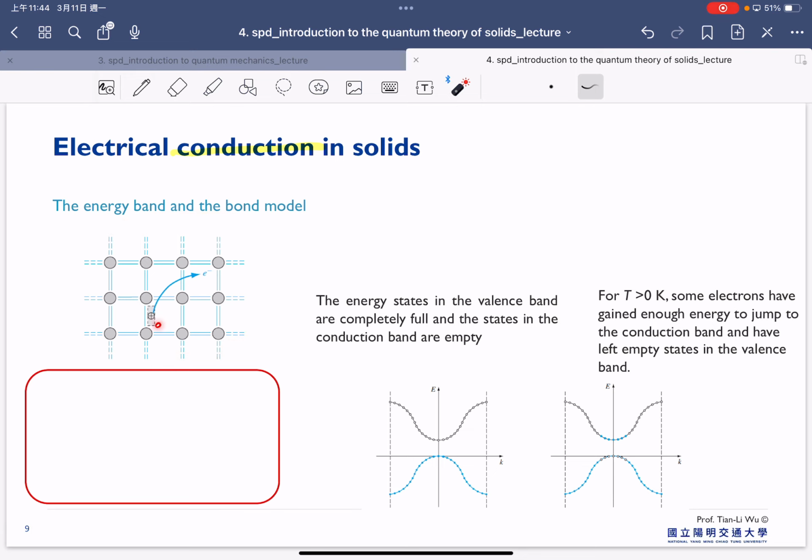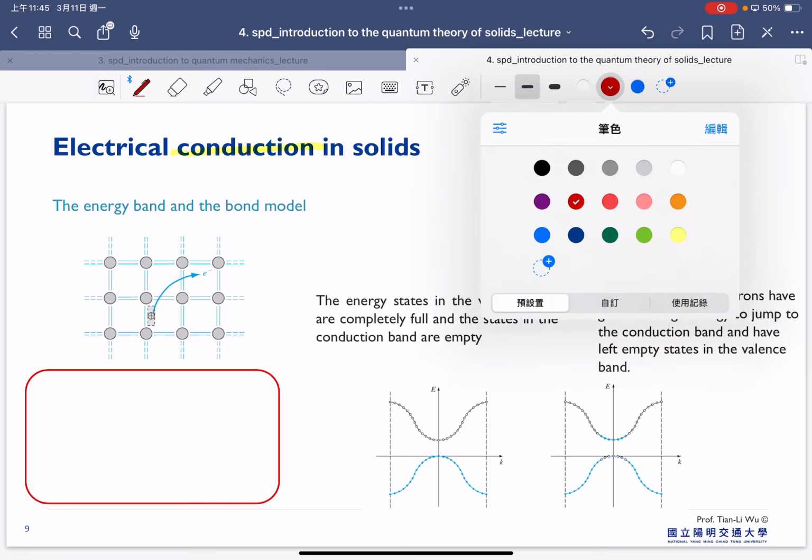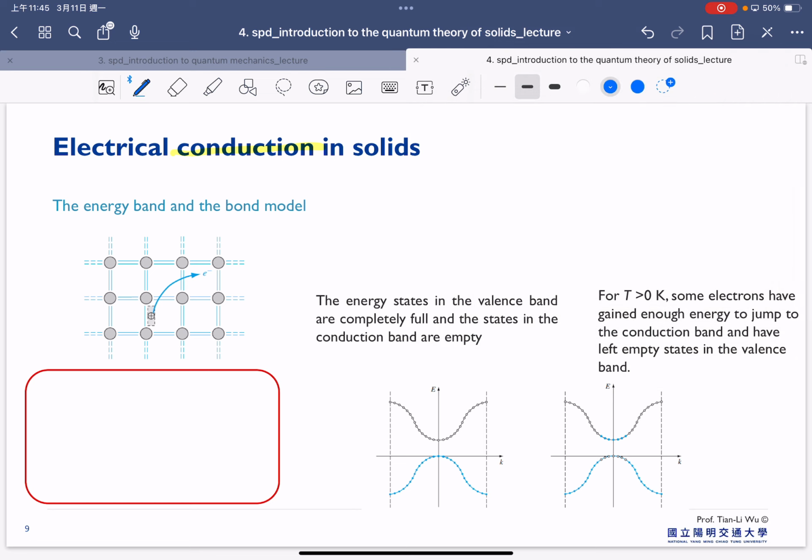For example, if we have an electron here that wants to flow to the other side, that's just a pure schematic drawing. Actually, we have not fully understood the physics inside. But this movement of electrons from here to here can also be understood from the band diagram.